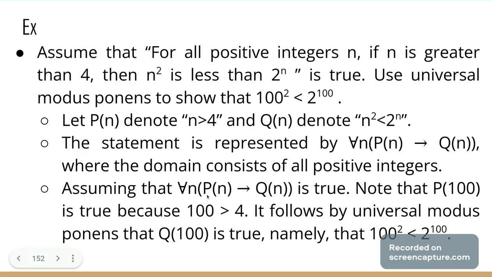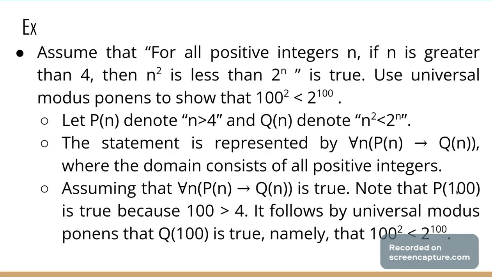Assuming for all n, P of n implies Q of n, and there is an instance P of a, P of 100, P of 100 means 100 is greater than 4. So that is true. Now we have the universal modus ponens form.